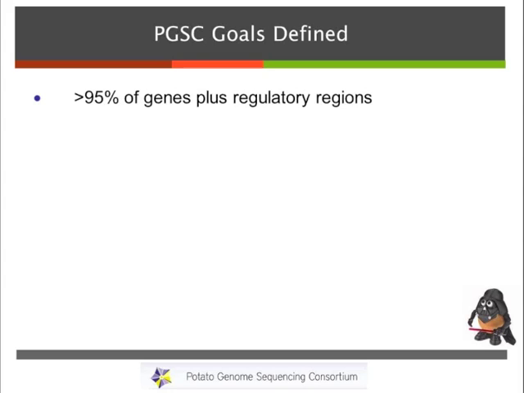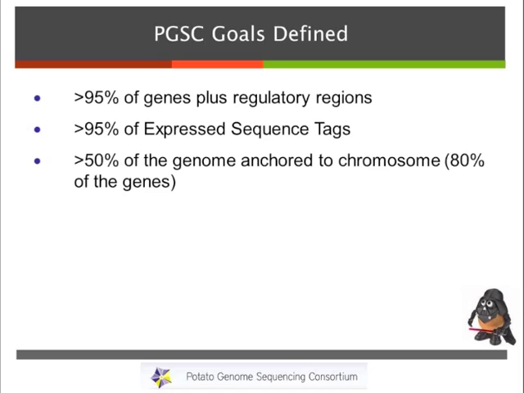But our initial goals were that we wanted at least 95% of the genes captured in the assembly, including the regulatory regions, that we would assess this by looking to see how many of the Sanger expressed sequence tags that are already in the public database were present in the assembly, and we wanted 95% of these. And we wanted to have these anchored to the chromosomes. So we wanted at least half of the genome anchored, and that would have represented 80% of the genes.